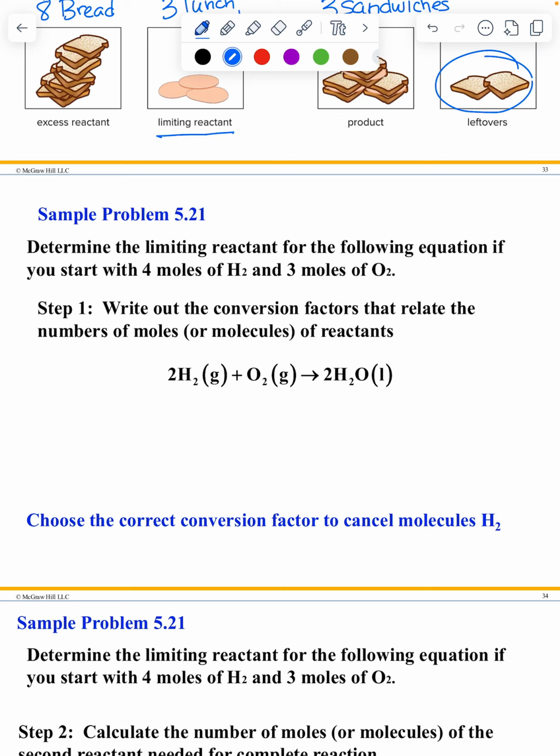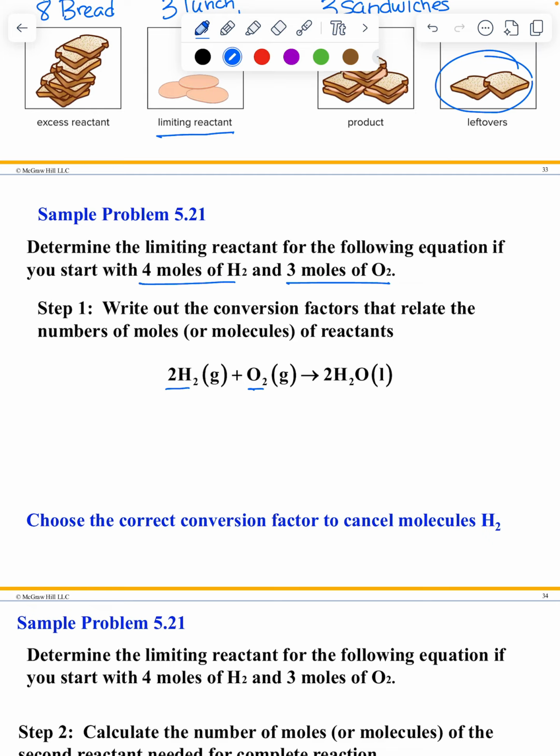And so according to this chemical equation, we're looking at H2 and O2. We see that we have 2 moles of H2 for every 1 mole of O2. We could also do this for molecules. I'll just continue to use moles here.